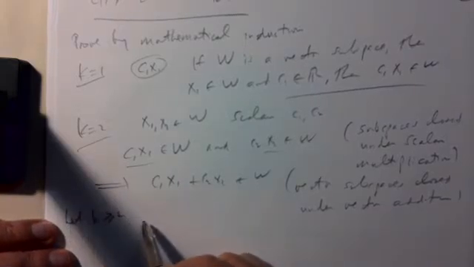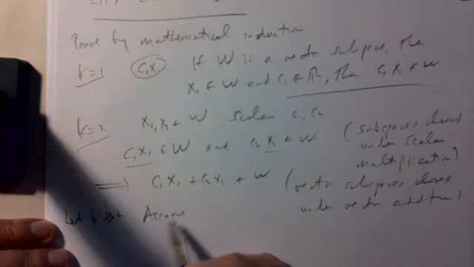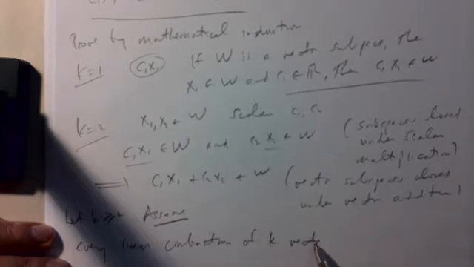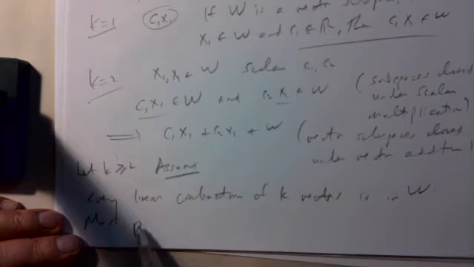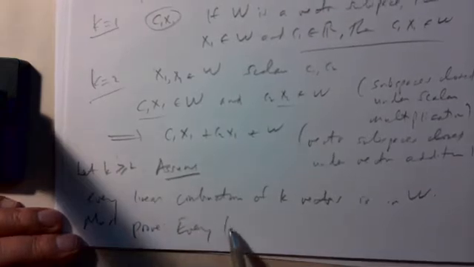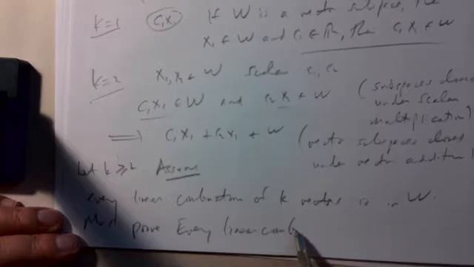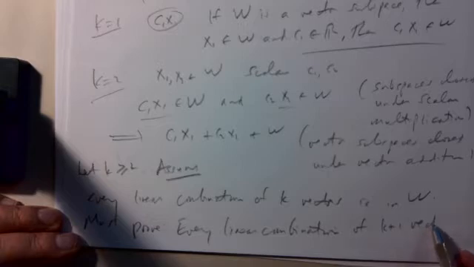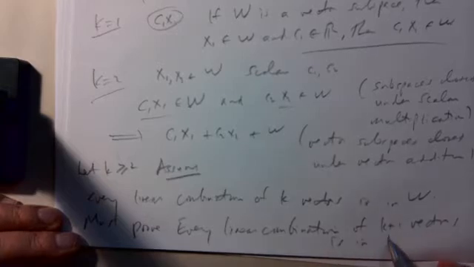Suppose K is greater than or equal to 2, and assume every linear combination of K vectors is in W. What we have to prove is every linear combination of K plus 1 vectors is in W.